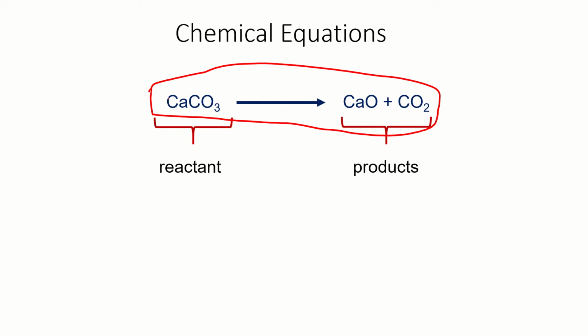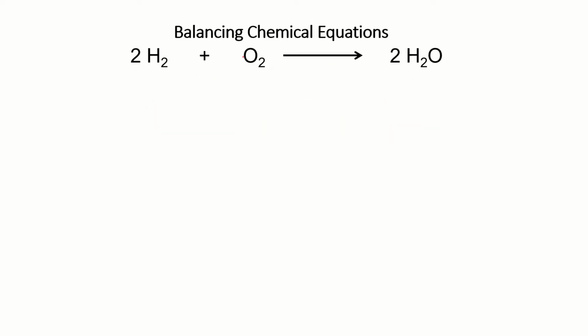If you started with one calcium atom, you can never end up with 2 calcium atoms on the product side. If you find 2 calcium atoms on the product side, that means you had 2 calcium atoms on the reactant side. So the numbers of atoms of each element should be balanced. So the whole concept of balancing chemical equations is based on the concept of conservation of matter.